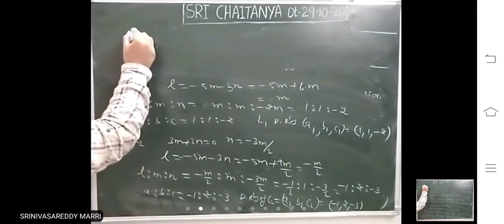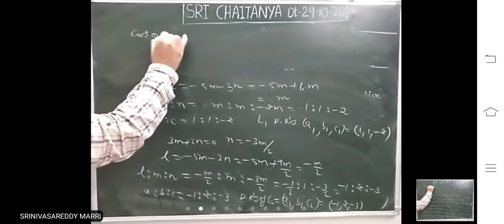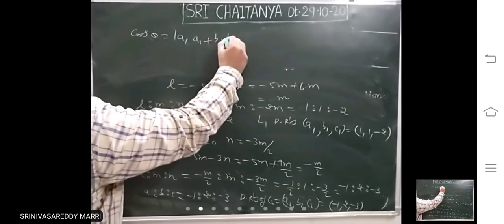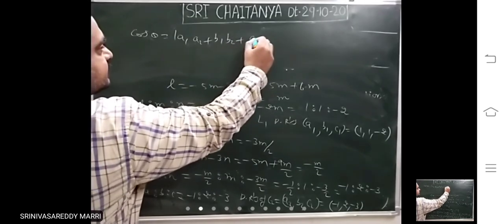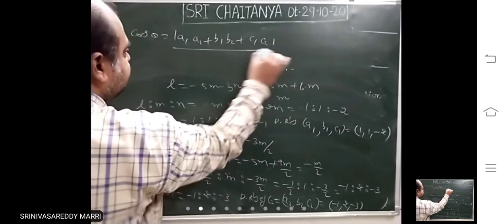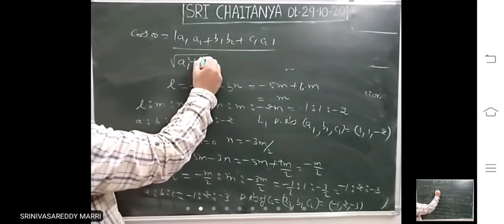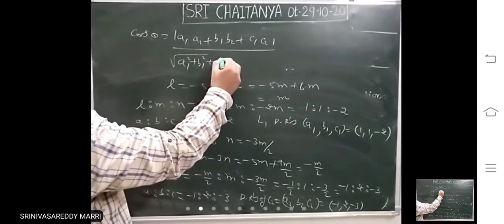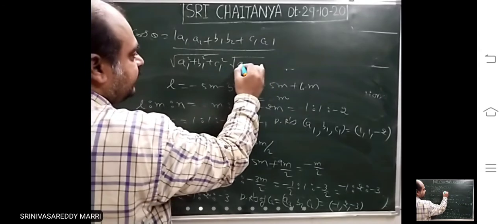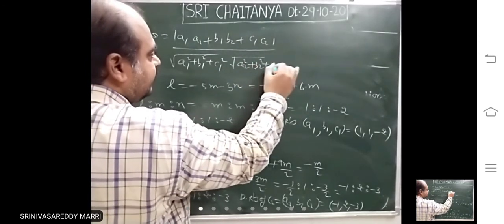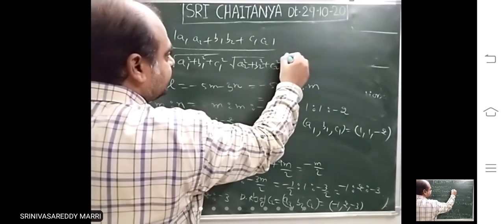So angle between two lines is nothing but cos theta is nothing but formula is what? Modulus of A1, A2 plus B1, B2 plus C1, C2 divided by root of A1 square plus B1 square plus C1 square into root of A2 square plus B2 square plus C2 square.